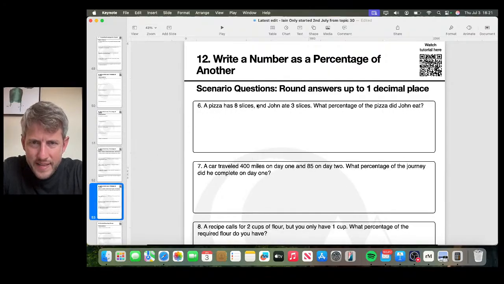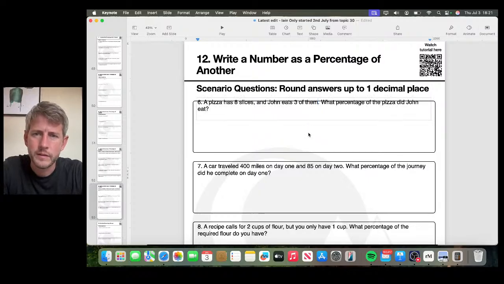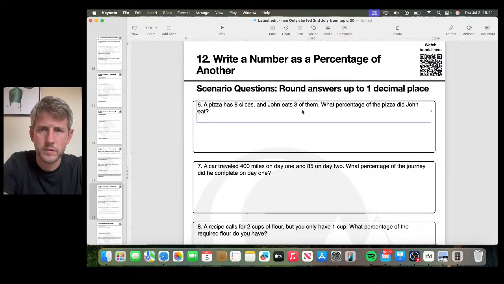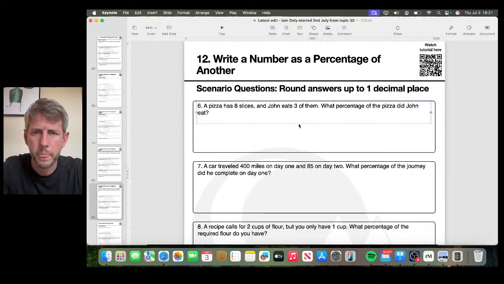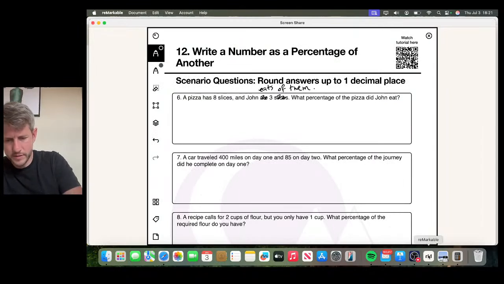A pizza has 8 slices and John eats 3. Oh no, right. There we go. A pizza has 8 slices and John eats 3 of them. Okay, I'll just make a note, format. Okay.